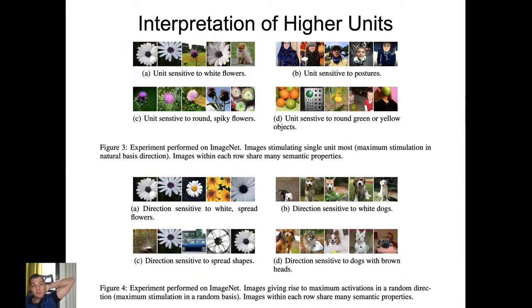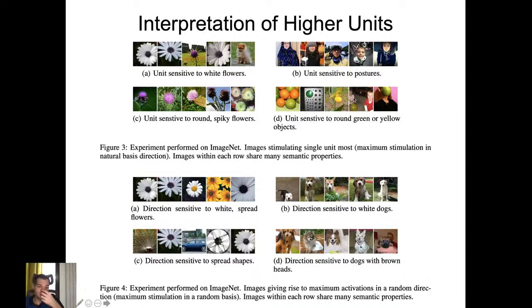And the same happens, so those are results on MNIST. The same happens on ImageNet. So these are units that are sensitive to specific patterns like white flowers, round spikes, and so on. So this is green and yellow objects.